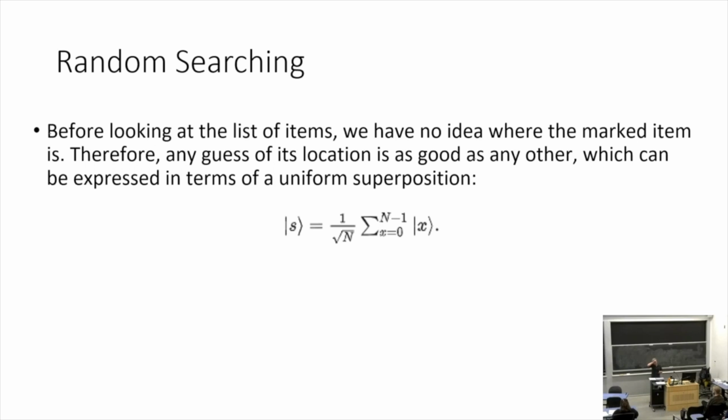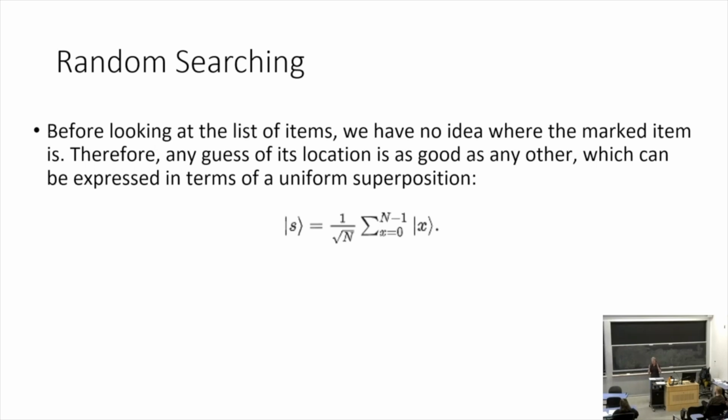Okay, so how does the algorithm work? Before we look at the list of items, we have no idea where the marked item is. And so any guess of its location is as good as any other, which we can express in terms of a uniform superposition. We're using the summation form of the uniform superposition here. So my superposition state S is 1 over square root of n times the sum over x up to n minus 1 of x.